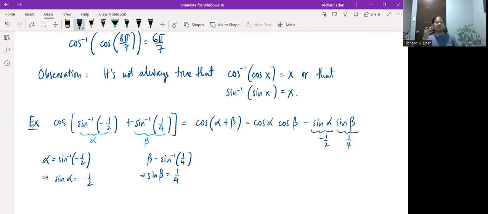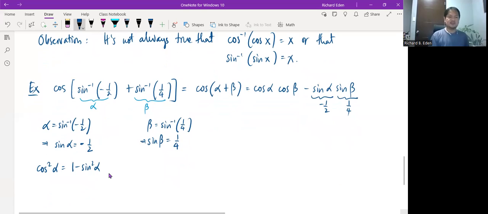Do you now see the only remaining things we need to look for? Cosine alpha and cosine beta. But hey, don't we have sine alpha, -1/2? This should be useful in figuring out cosine alpha from the fundamental Pythagorean identity. Cosine squared alpha is 1 minus sine squared alpha, giving us 1 minus 1/4, or 3/4.